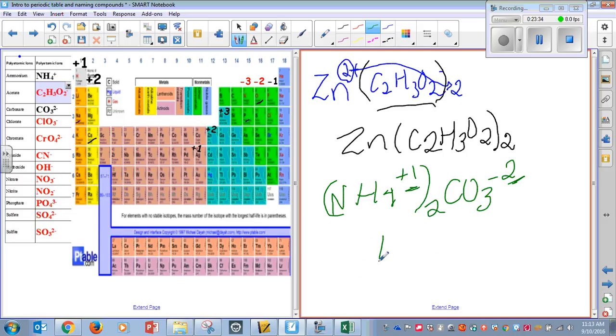So my chemical formula for ammonium carbonate would be (NH4)2CO3. And I would call this ammonium carbonate. Parentheses are key when you're working with the polyatomic ions.